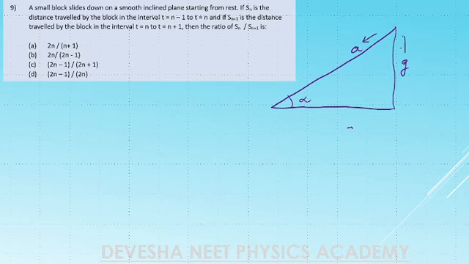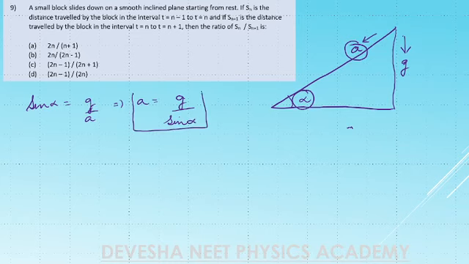So now if this is the acceleration in this direction, we know that sine alpha is equal to g by a. Or it means a is equal to g by sine alpha. Okay, please remember this point.